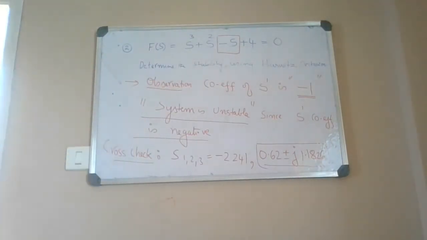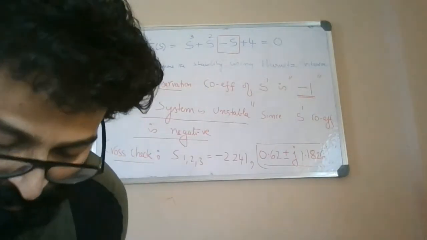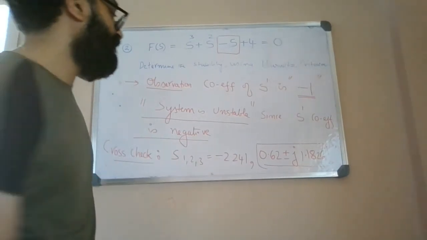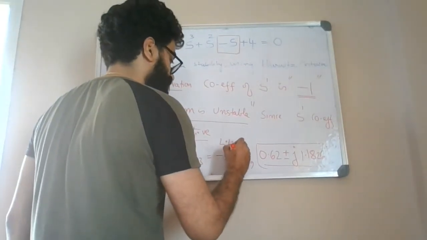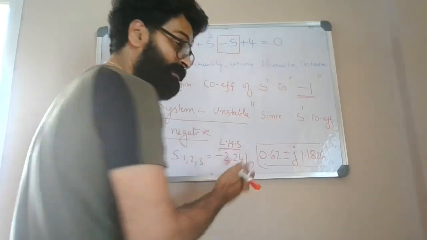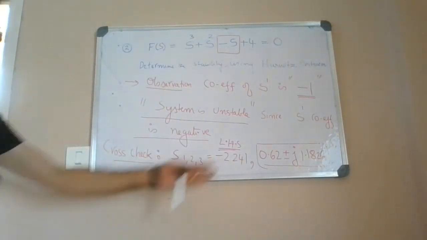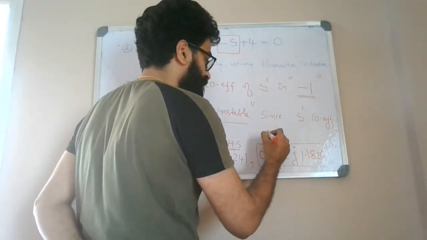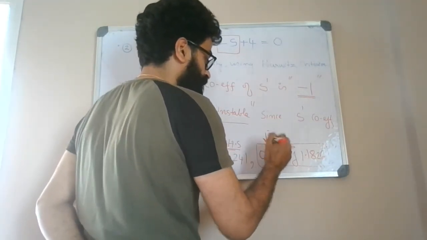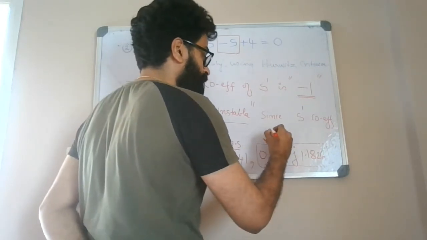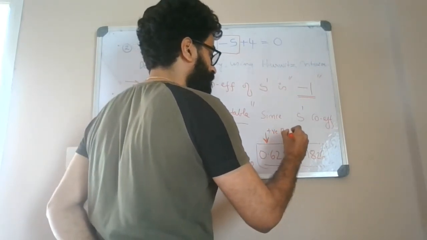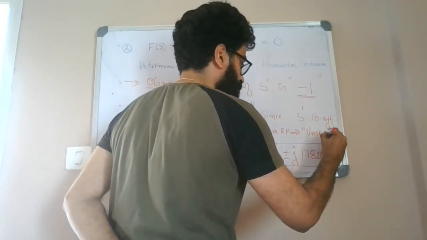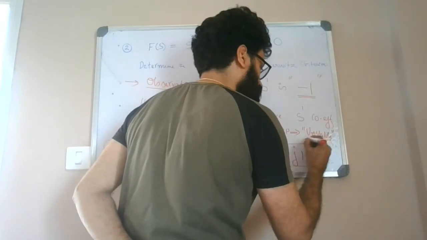So this is what you get as the closed loop location. One root is located in the LHS, which is good for stability. But what about the remaining two roots? They have positive real part, right? So this particular complex conjugate root has a positive real part, due to which you can say that the system is unstable.